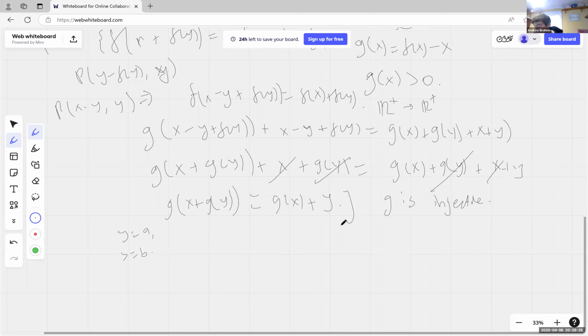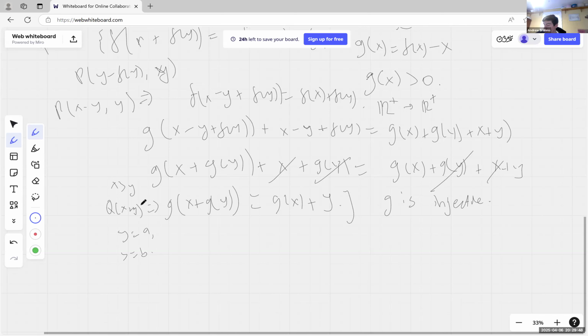Now, let's let q of x, y denote this special assertion. And we're given that x is greater than y, because otherwise g would not be defined, because g is from positive reals to positive reals.